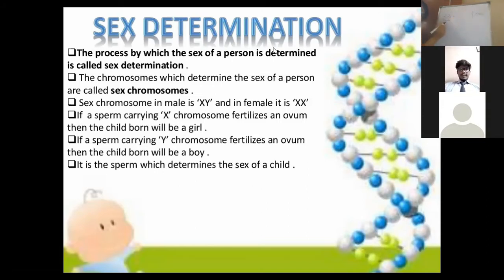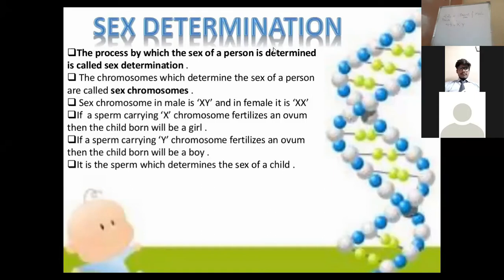There will be 22 pairs of autosomes and one pair of sex chromosomes, right? So it will be 44 total autosomes, because 22 pairs is 44, plus one pair. The description of this pair will be X and Y. So it means that the males are heteromorphic.